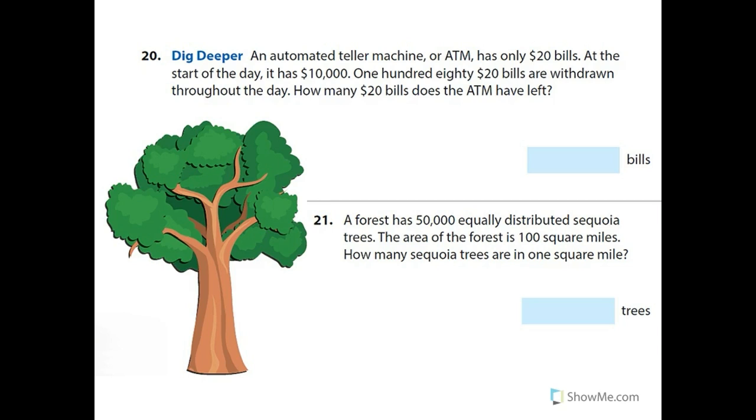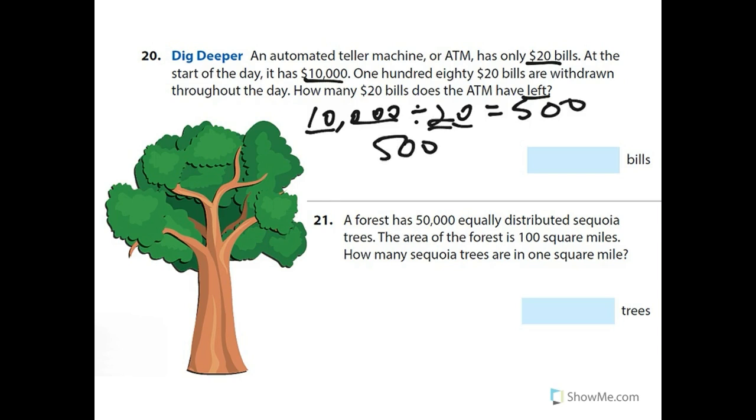So, we got 10,000. What are we going to divide it by? Yeah, 20. So, 10,000 divided by 20. So at the beginning of the day, 10 divided by 2 is 5. 3 zeros minus 1 zero, 2 zeros. So it had 500 bills at the beginning.